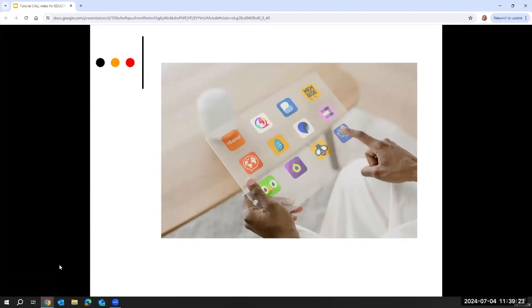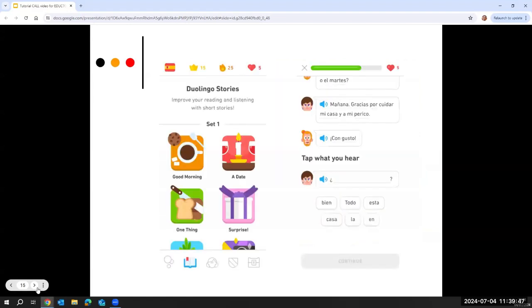Crosswords, completing a sentence, filling the gap, listening, repeating information, and so on and so forth. It would be a good idea if you enroll in one of these apps, just to see the different tasks that they use to promote reading skills, for instance, which is a topic for this week.